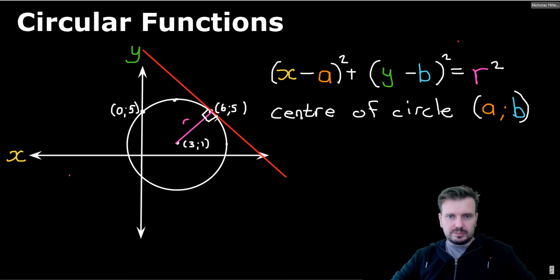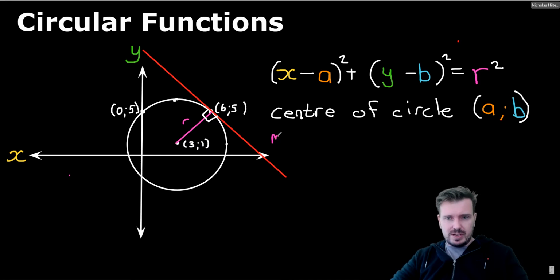So finding out the equation of a tangent, the first thing we do, if we're given the center of the circle and a point on the circle, is we need to actually find the gradient of the radius. Okay, so the m of the radius.